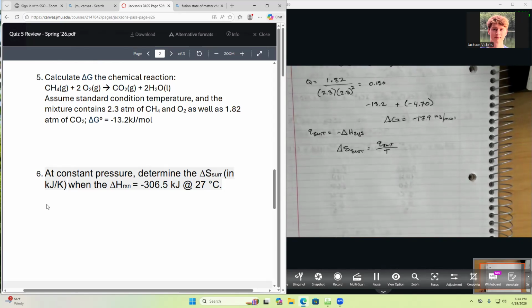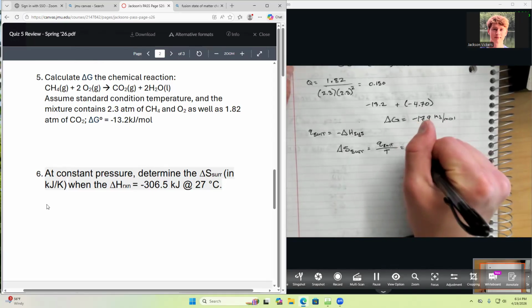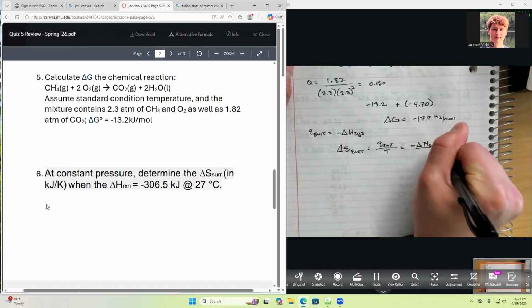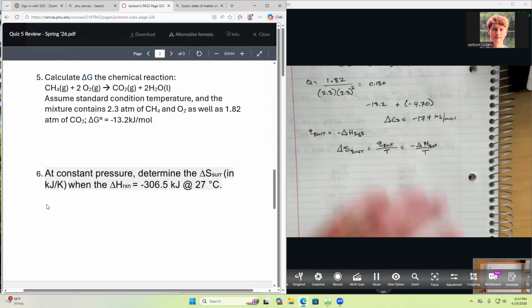So in other words, we can say that this formula is negative delta H of the system over T in Kelvin.